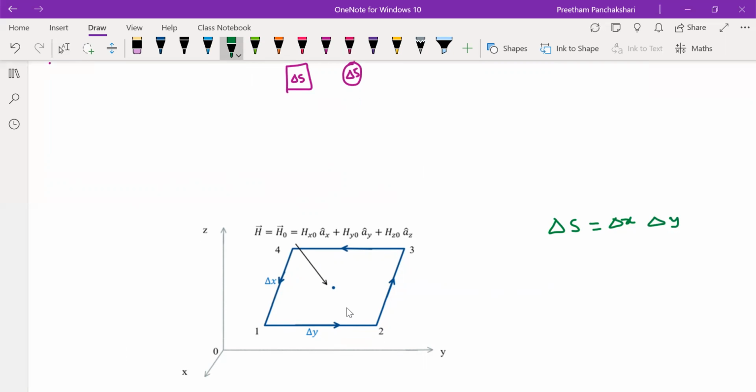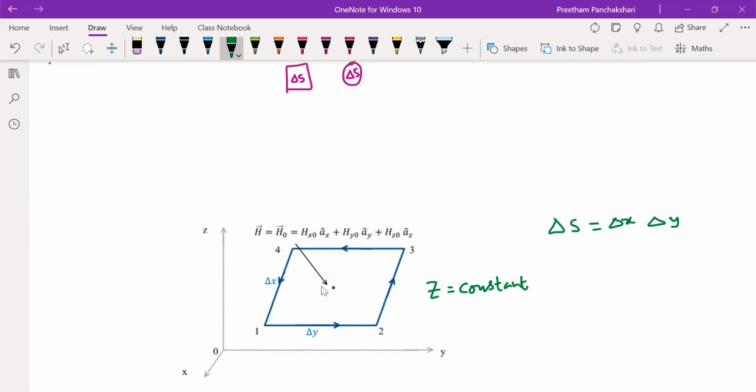No side is parallel to the z-axis because this rectangle is perpendicular to the z-axis and located at some plane, say z equal to constant plane. So z is constant over the entire rectangular path.